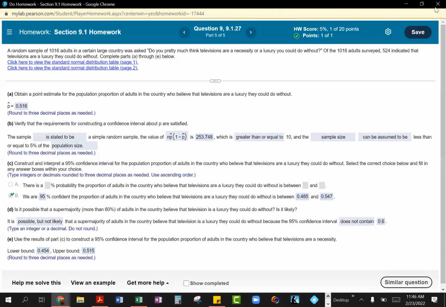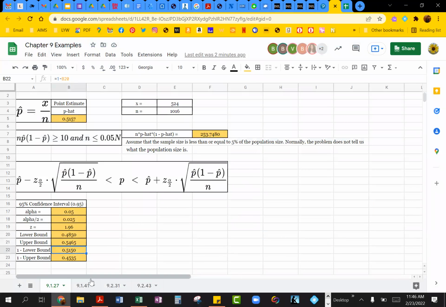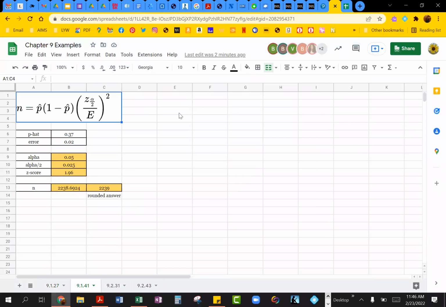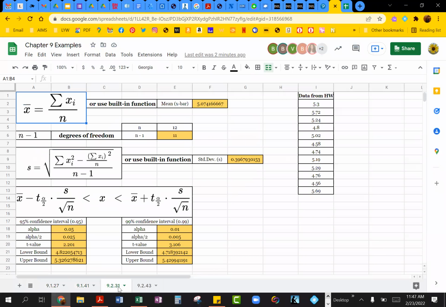Okay, there's another very small example over here from 9.1, just to help you calculate the margin of error, or I think it works backwards to calculate the sample size. I will try and see if I can post a video for this, but I wanted to get into, like I said, 9.2.